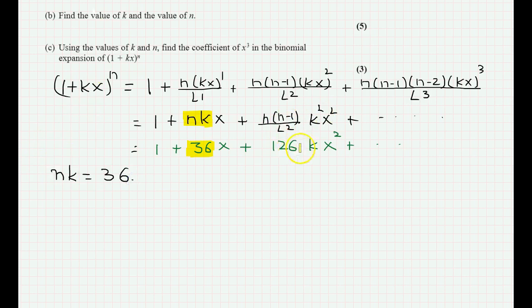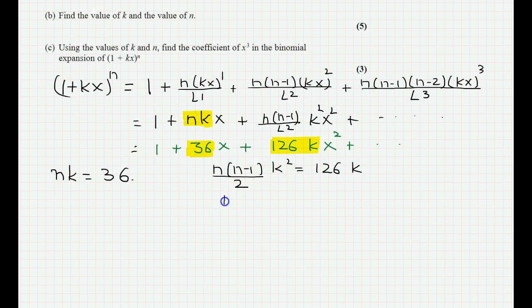Now let's compare the second part. These are the coefficients of x squared. Here it is 126k, and this one is n minus 1 over factorial 2, that is 2. So we can say that n minus 1 k squared over 2 is equal to 126k.